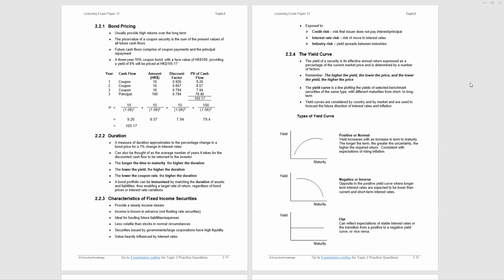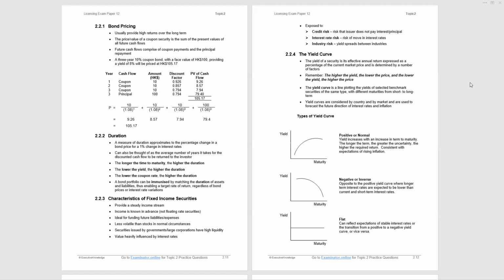So we apply the discount factors to the cash flows. We bring those future cash flows back to today's value, present value, add them up, and we get 105.17. Now, the way to interpret this is to say that I am willing to pay $105.17 to receive those four cash flows when I require a yield of 8%.